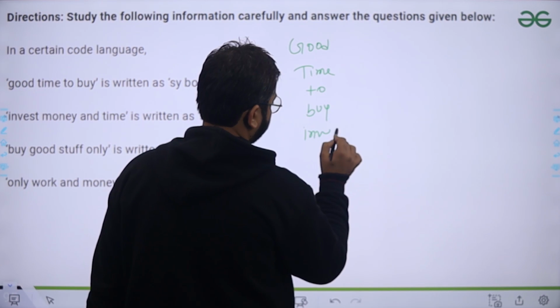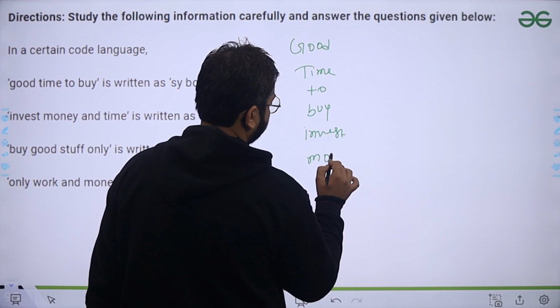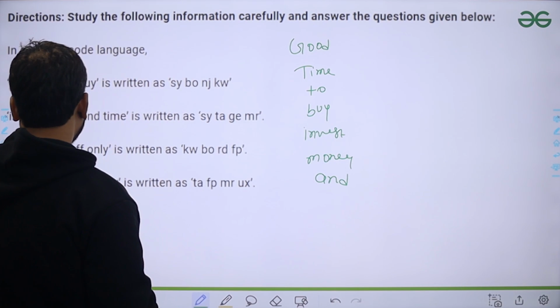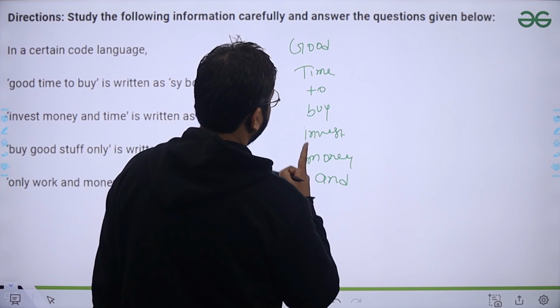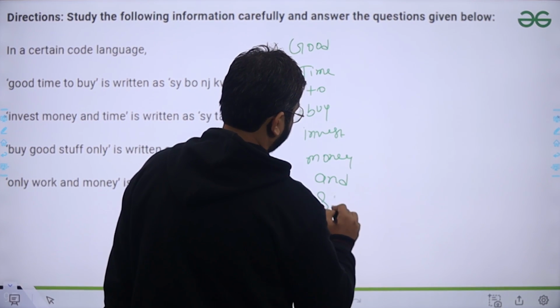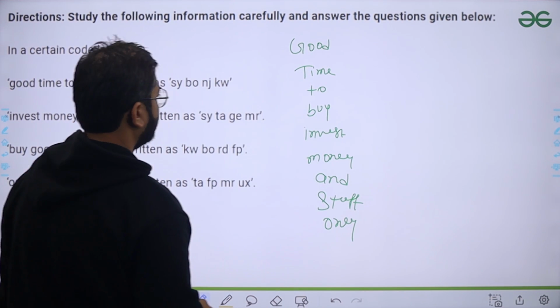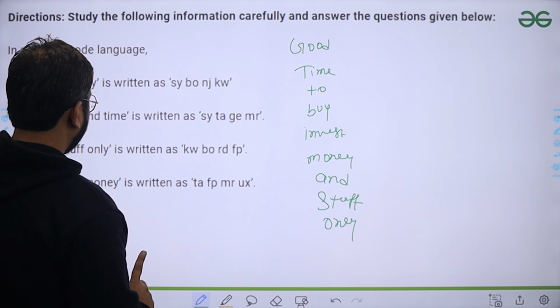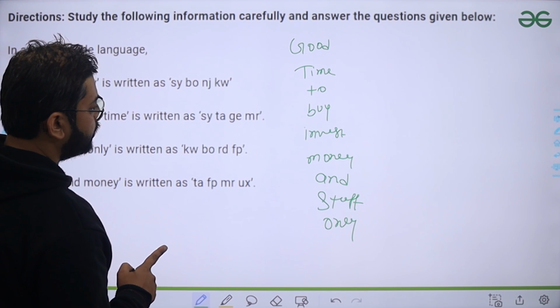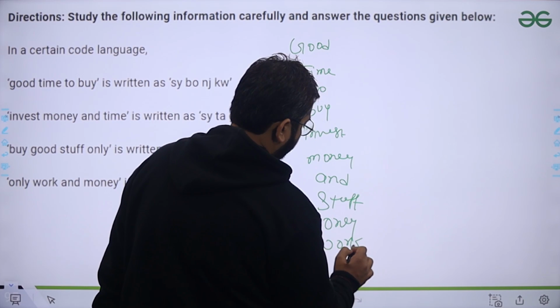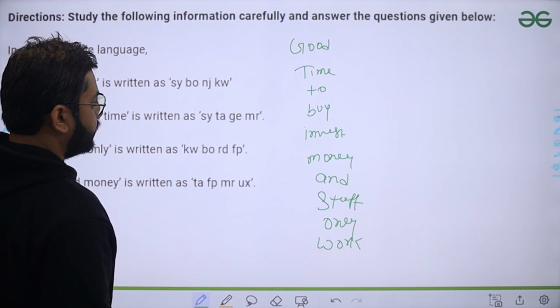Invest money and time, I have already written. Buy good stuff only, so buy good stuff only. And only work and money. Only is done, work is not done. Work and money as written.